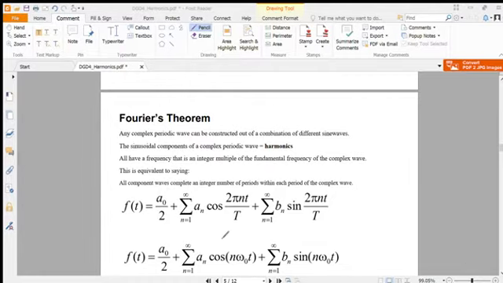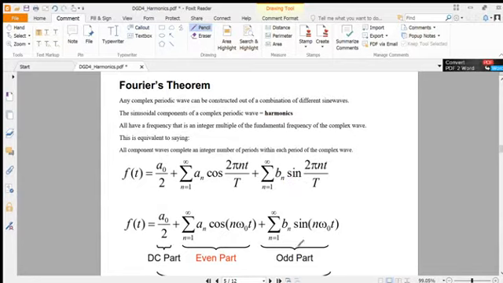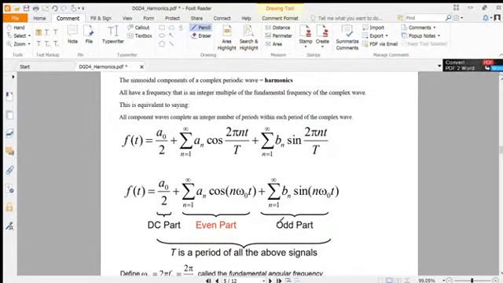So this is the expression of the Fourier transform. This is the DC part, and the cosine part is known as the even part, whereas the sine part is known as the odd part. There is a specific reason to designate the odd and even signals here, because of the sine wave we know in the power factor.